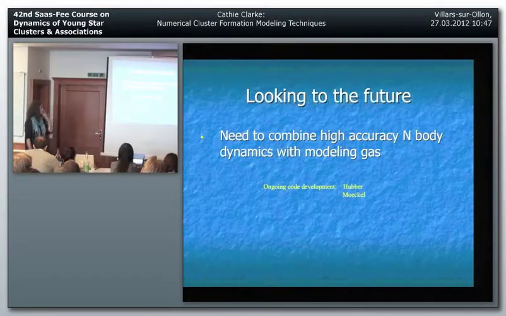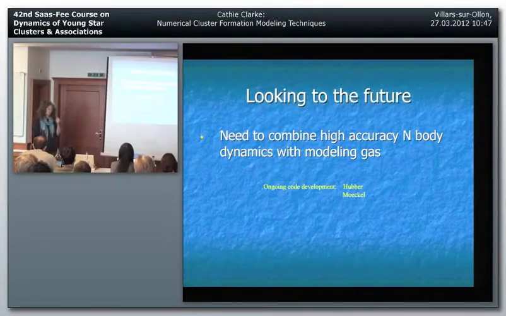There are two ongoing code developments at the moment that I'm aware of, one by David Hubber and one by Nick Moeckel, who are trying to improve on this situation. In other words, marry together the best bits of SPH and stellar dynamics, improve the integrators used for following the motion of the sink particles so that you could actually model close interactions in stellar systems, but still have the gas there, because normally what happens in calculations where somebody says, I'm going to do a stellar dynamical calculation and put in a gas potential, it's exactly that.